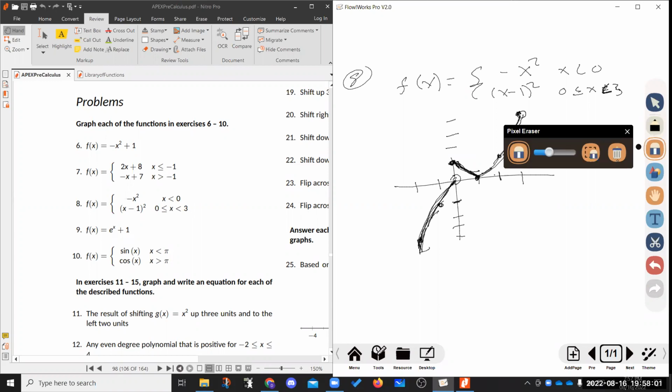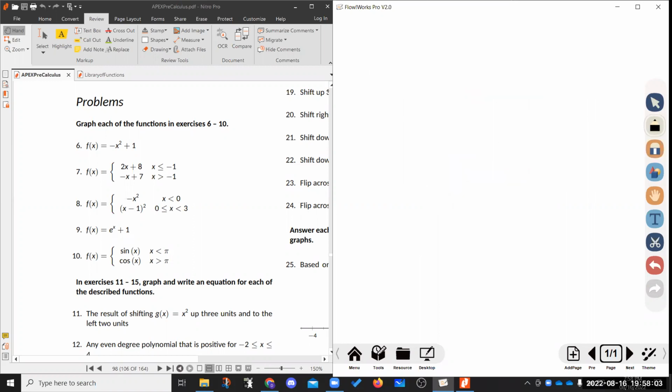Right? Number 9. Asks me for e to the x plus 1. So this is going to be an exponential. The horizontal asymptote is going to shift up 1 with the graph. So it's no longer at y equals 0, it's at y equals 1.